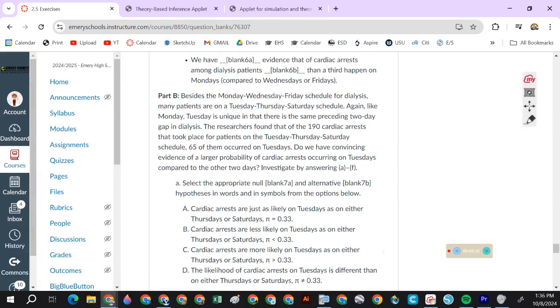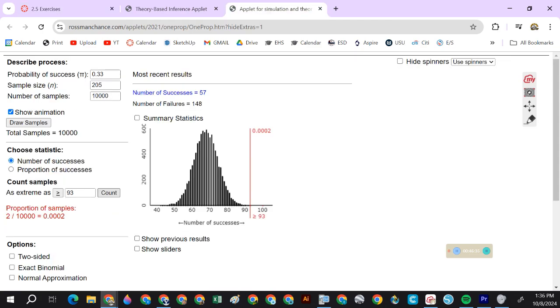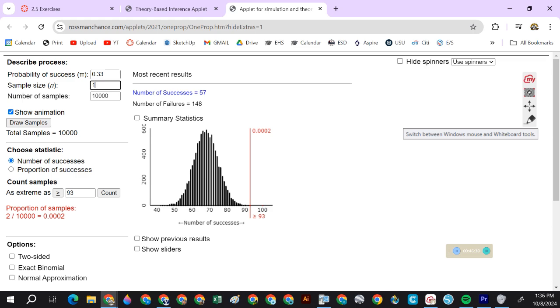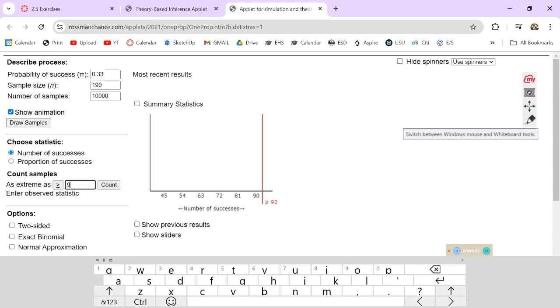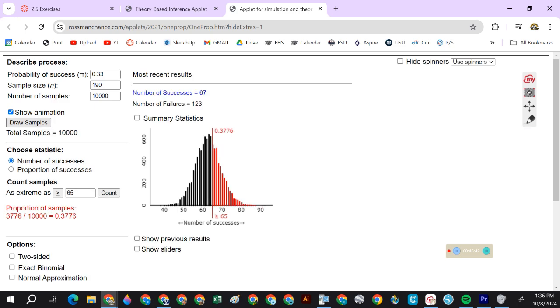And then now we're switching to 65 out of 190. So we change this. So 190, and we change this to 65. And there's my 37%.